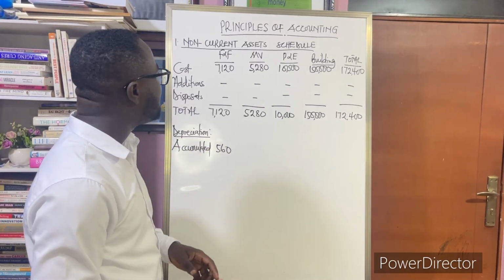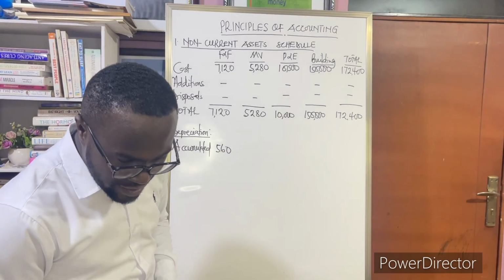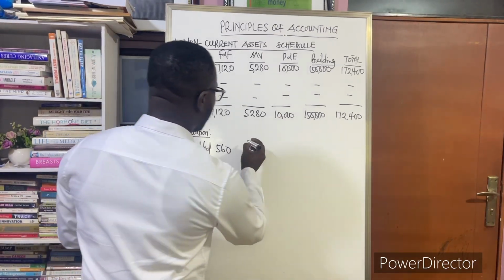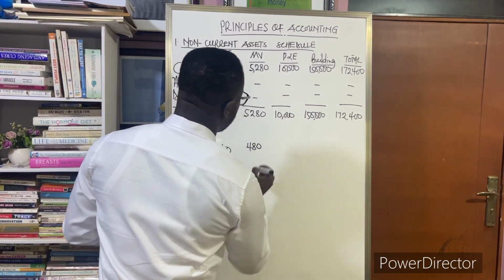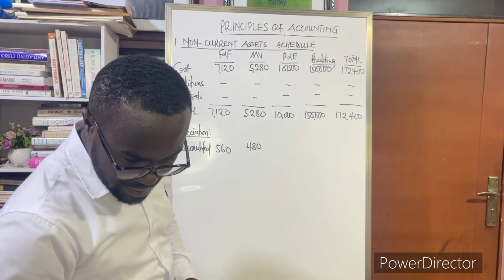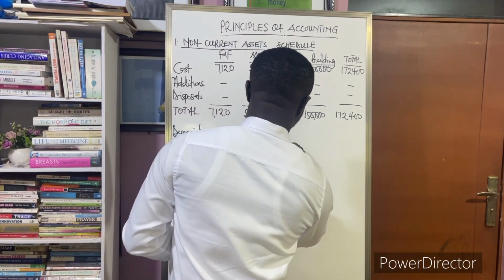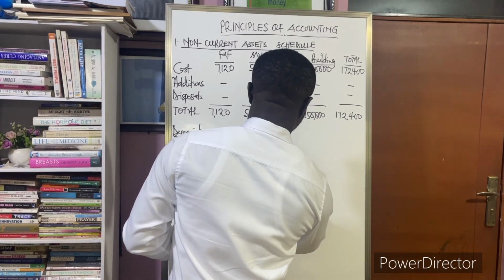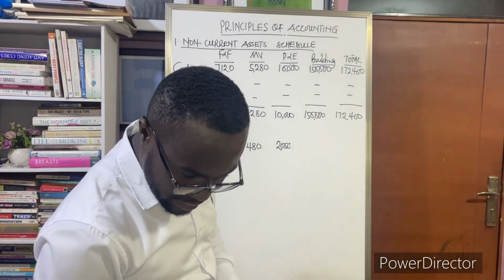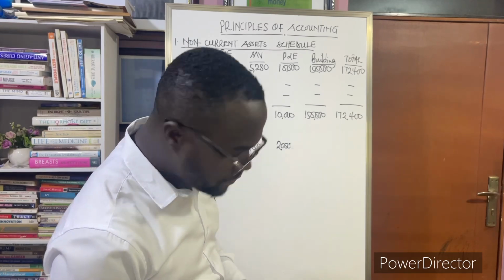So that is why I keep on saying that accounting is not difficult. We have calculated depreciation for F&F being 560. Then we have motor vehicle being 480. We have plant and equipment being 2,000. We have building representing 50,000.